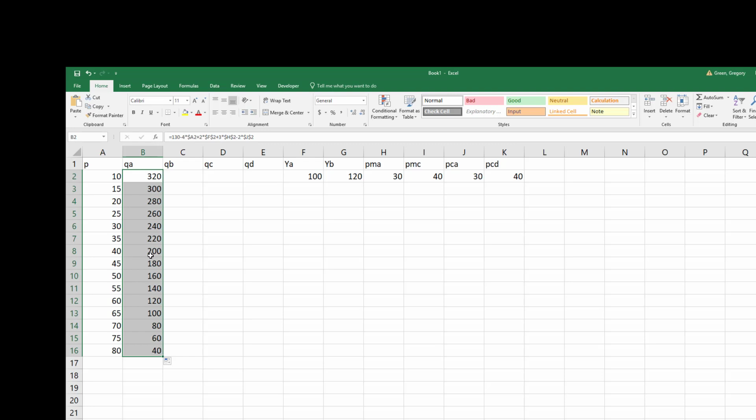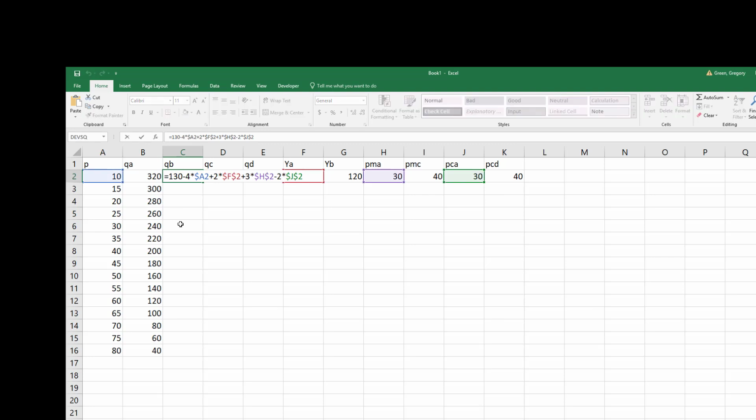Okay, let's look over at what B asks us to do. B asks us to change the income. So let me do this. I'm just going to copy. Then right here in cell C2, I'm going to push F2. And notice that I am pointing to the income level in cell F2.